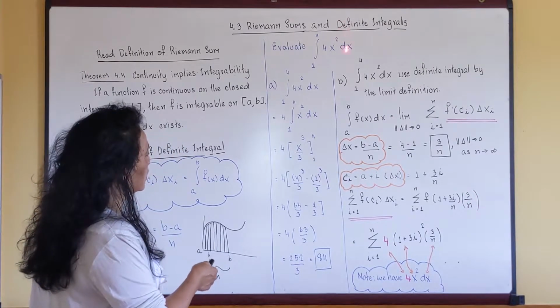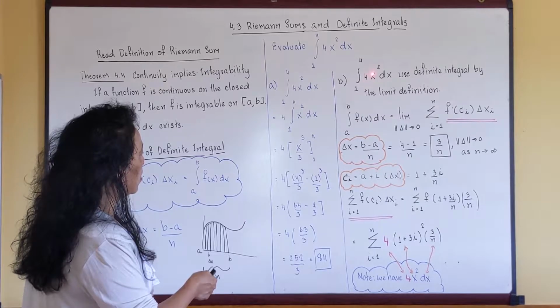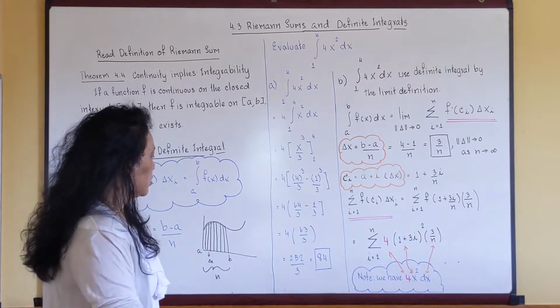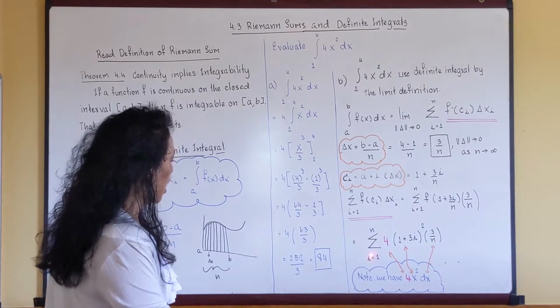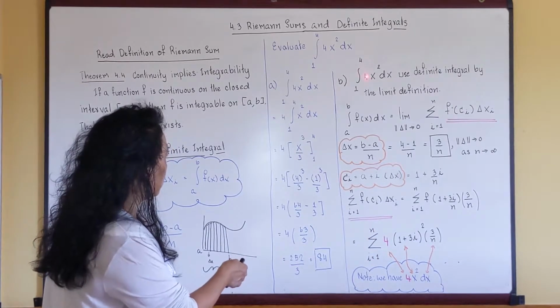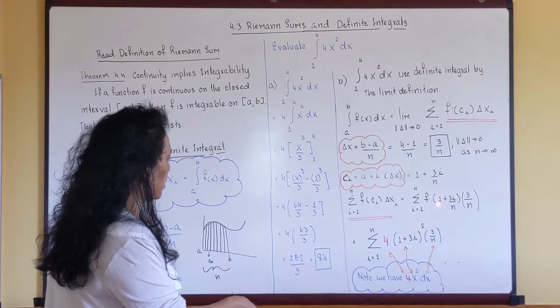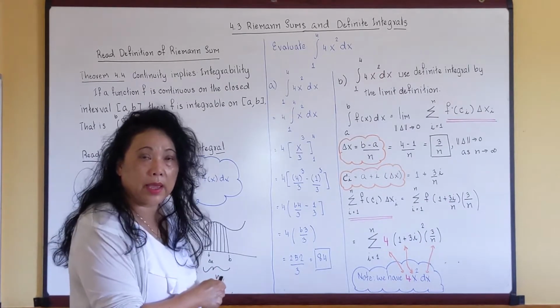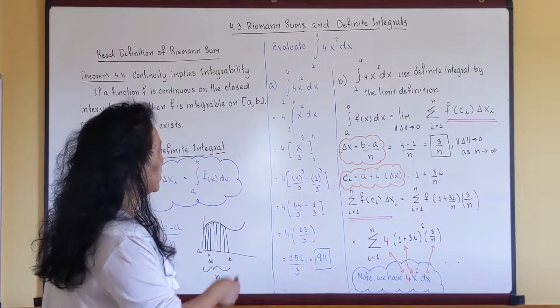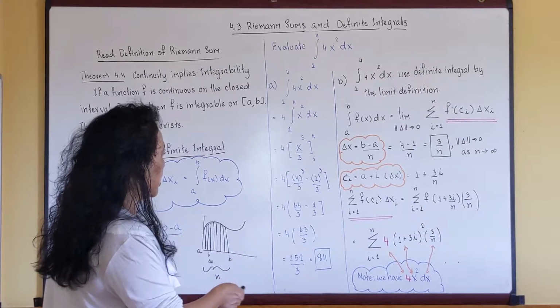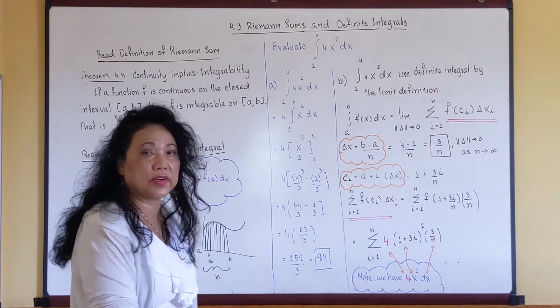Look at the original function, I have 4x squared dx. So I'm going to have the sum from i equals 1 to n. My 4 is my 4 here. My x is my x here, but I have x squared, so I have to square it. The dx is delta x, which is 3 over n.